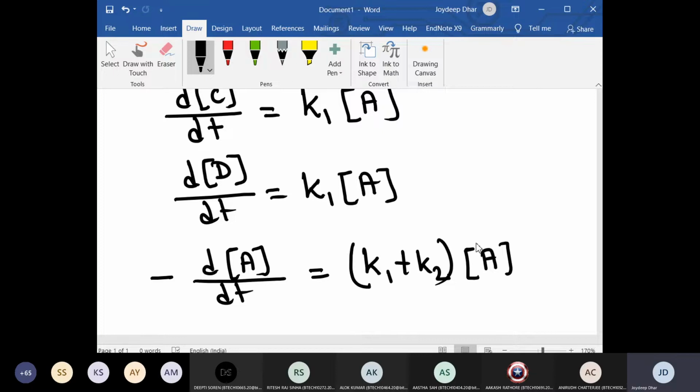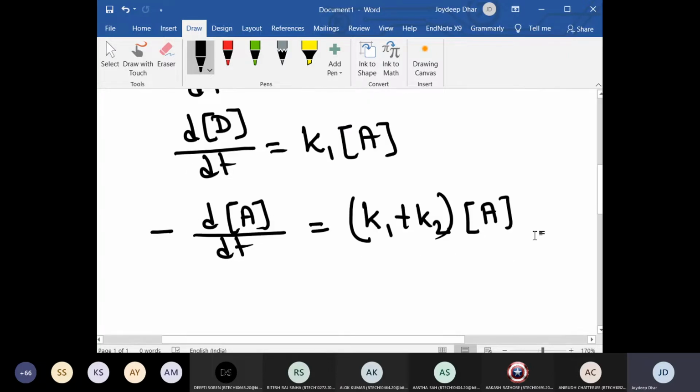So the rate of disappearance of A will be simple summation of K1 into A plus K2 into A. That's why I have written the summation of two rate constants in a bracket into A. Okay, because in two different steps A is consumed.